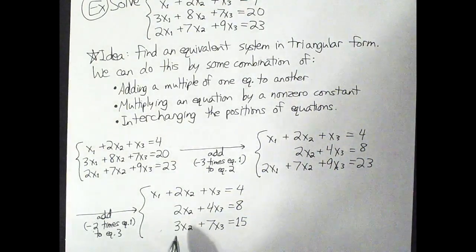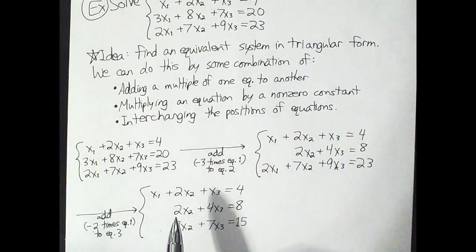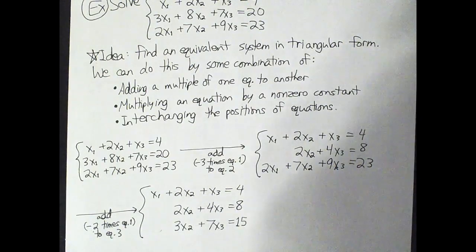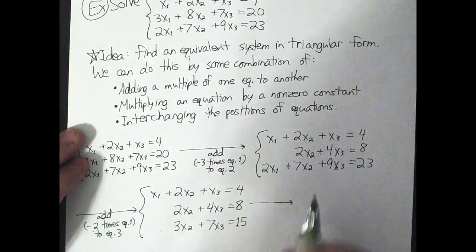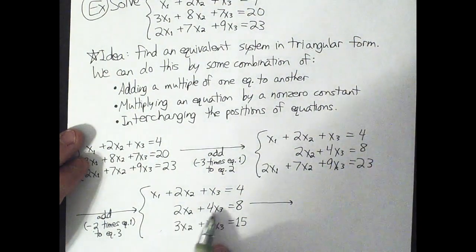Before we do anything about the 3x2, there's something about this system that's kind of bugging me. In particular, there's something about the second equation. The second equation has a 2, a 4, and an 8. And I think, you know, when I've got an equation where everything is a multiple of 2, we could just divide everything by 2, right?